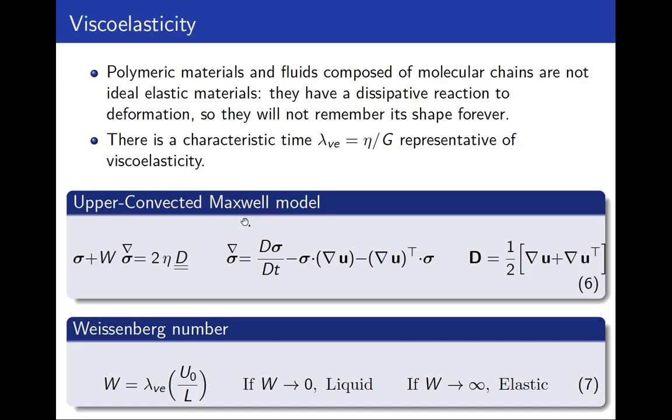Maxwell is the same person who studied electromagnetism. If you know Maxwell's equations for electromagnetism, this is the same person. He was also studying viscoelastic materials, so he developed this equation, which is a bit complex to explain now.